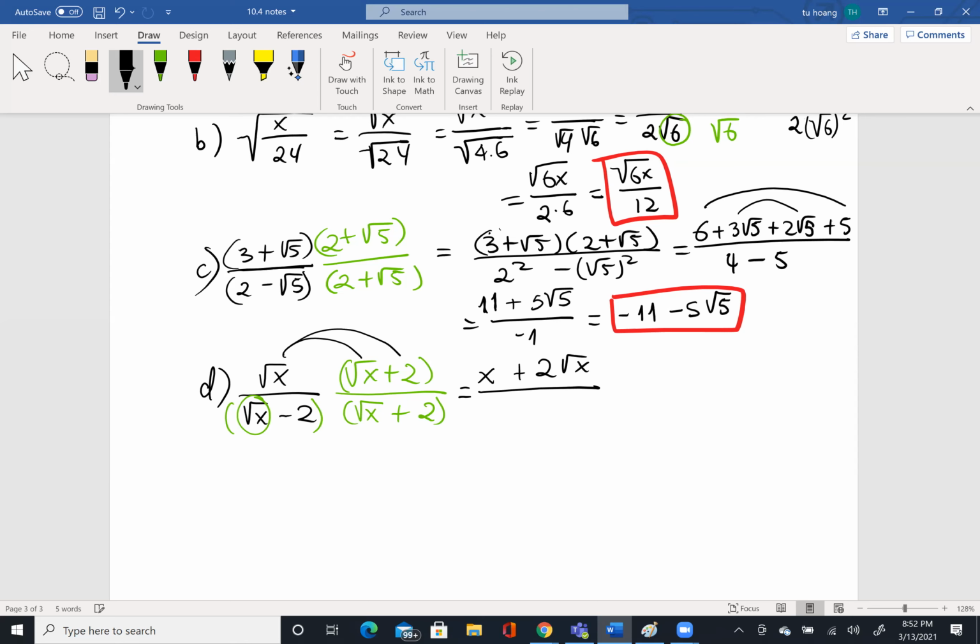And then divide by the conjugate multiplication, which has the form square root of x squared minus 2 squared. And now you're going to have x plus 2 square root of x divided by x minus 4. And that should be the answer.